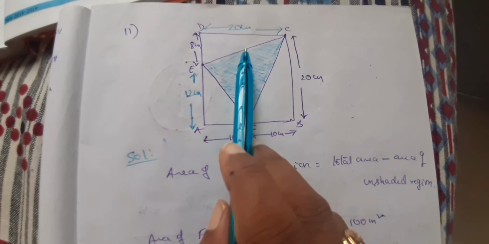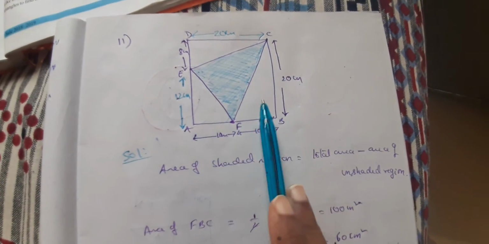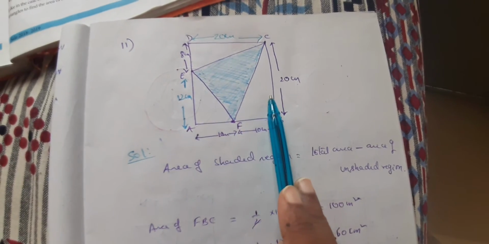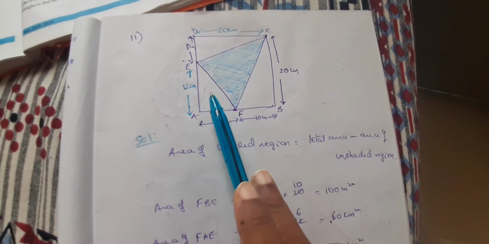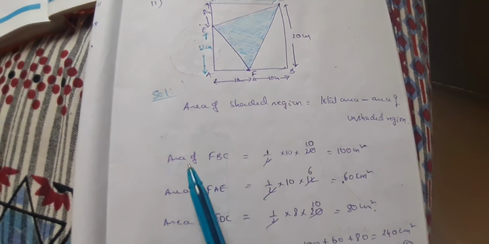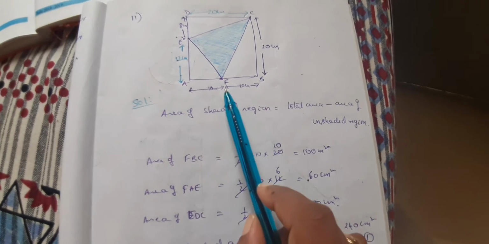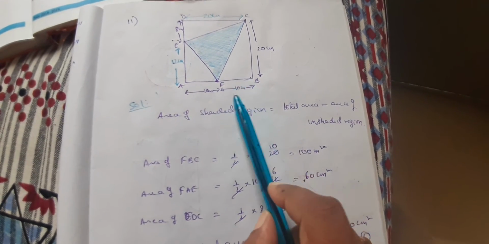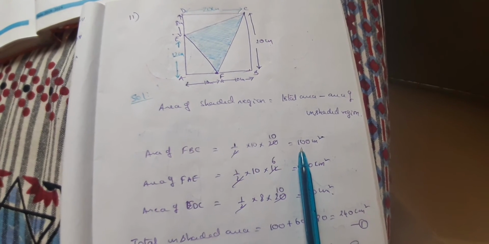So our job is to find the area of the shaded region, which is total area minus area of unshaded region. So let's find the area of the unshaded region step by step. 1, 2, 3 triangles are there. Find the area of triangle FBC, half base into height. So observe this, half base into height. So therefore you got it to be 100.